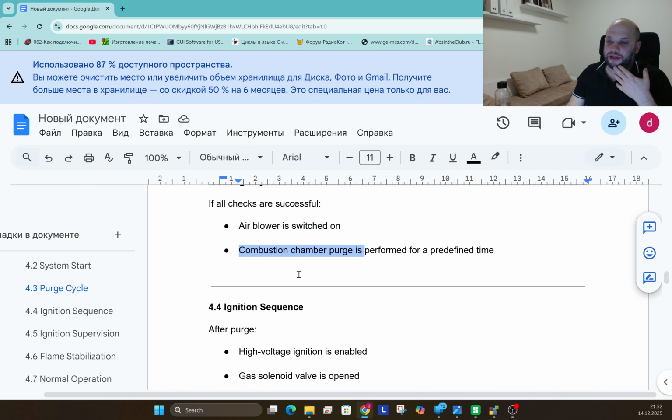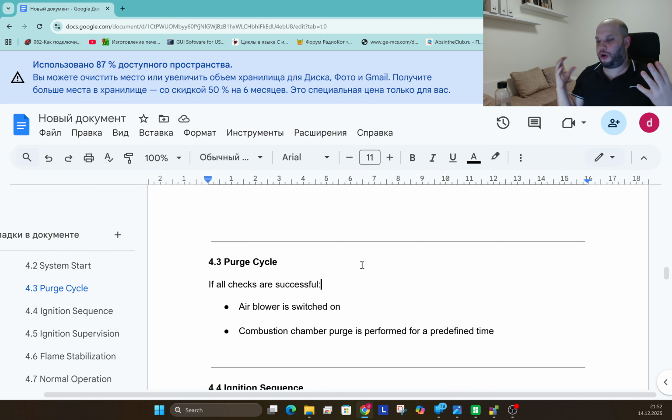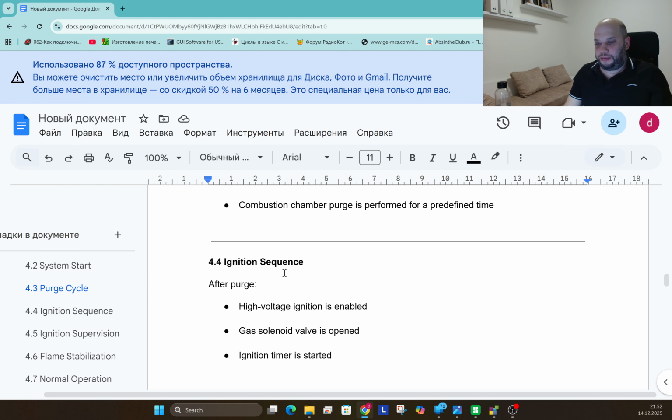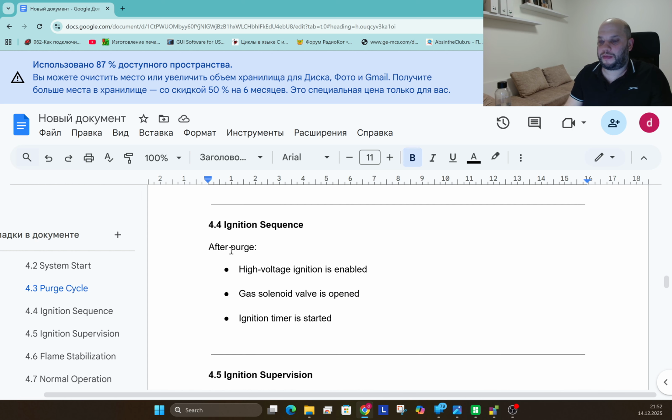So with the purge, we want to be sure that the volume does not contain gas. And of course we can check that the air is working fine.